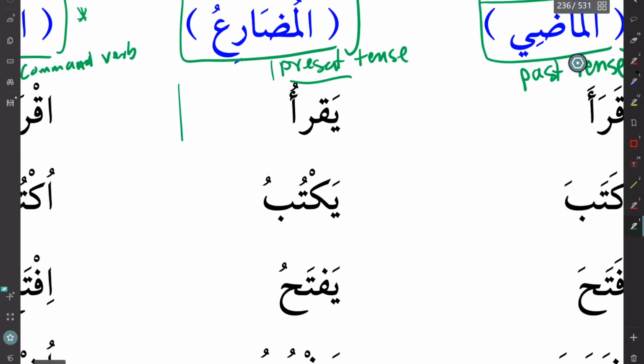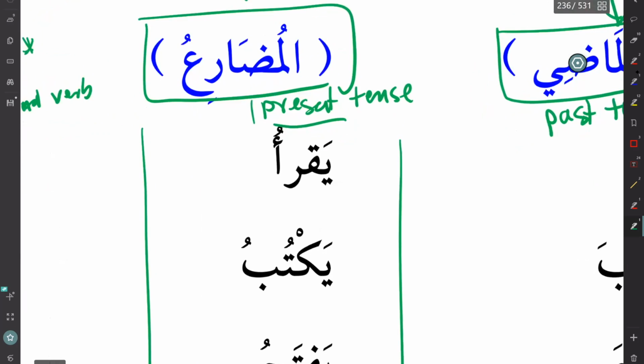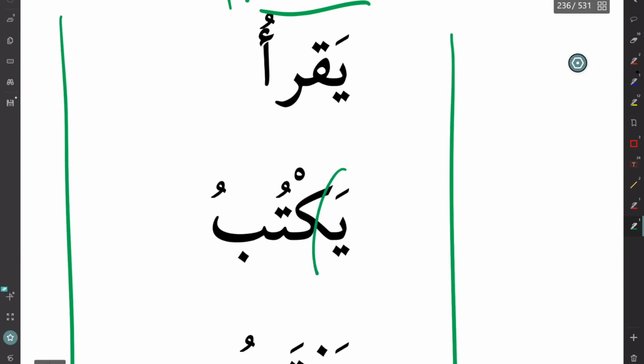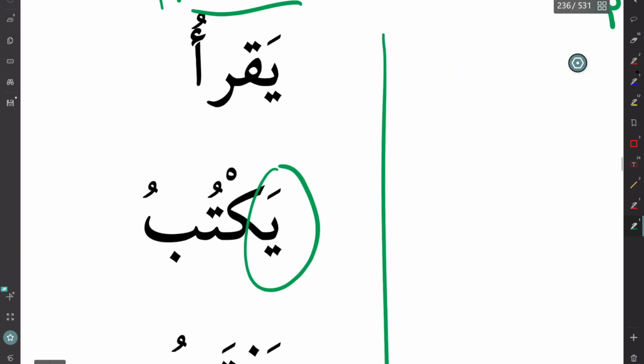So far we have been using present tense verbs, and I'm pretty sure you can recognize them. Remember what we said: the first letter indicates that it is a present tense verb. If the first letter is one of these letters from anaitu, you can say it different ways, anaitu, anaita, anaiti, it doesn't matter, as long as you are talking about these four letters: Hamza, Noon, Ya, and Ta.